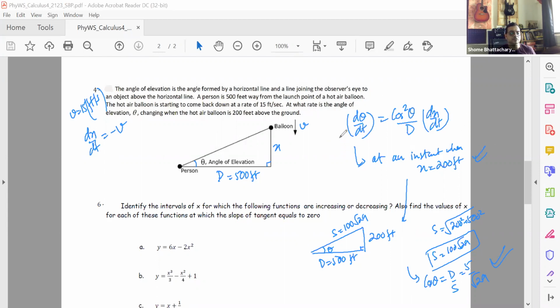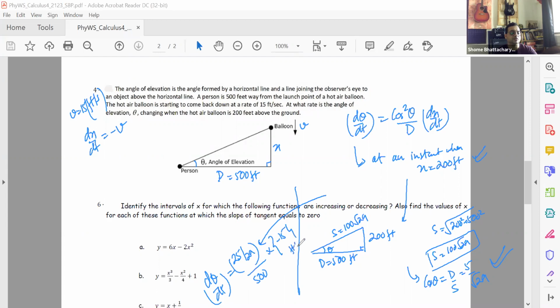Okay. So further, at this particular instant, what will happen? The value of d theta by dt, the rate of change of angle, will become cos theta at that moment, which is 5 by root 29 squared. So that is 25 by 29 divided by capital D, which is a constant 500, into dx by dt, which is minus 15.